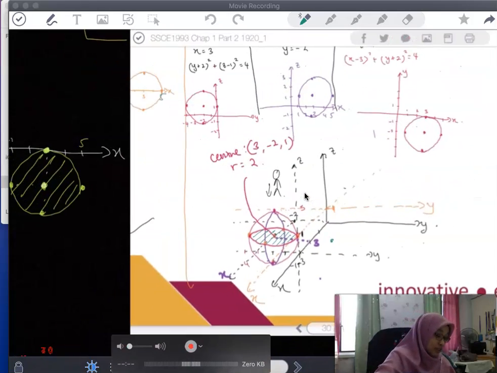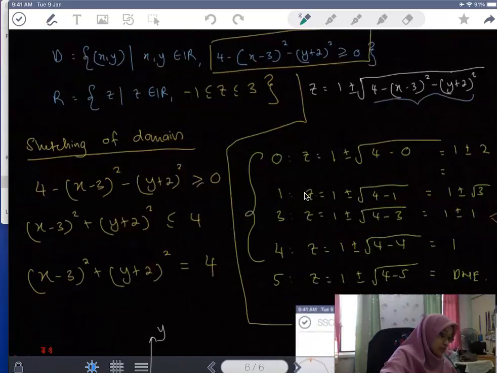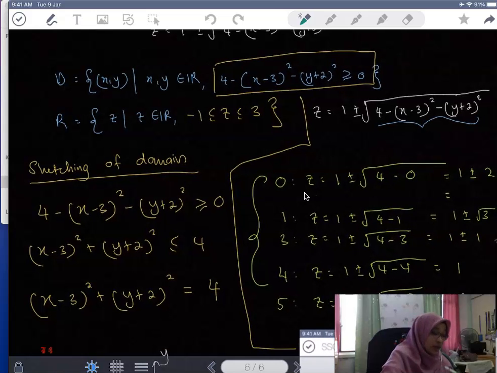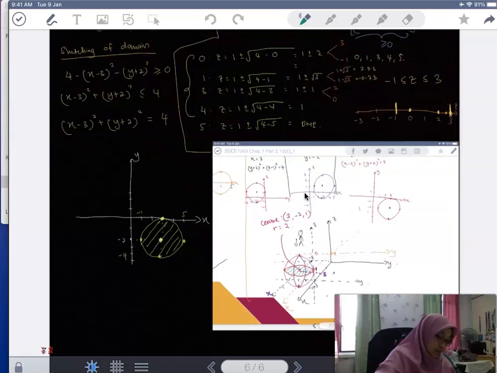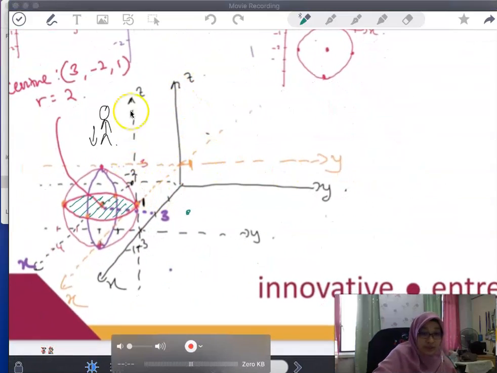And how about range? We obtained that the range that we just observed just now, the value of z, is lying between -1 and 3. So now we check from the graph. Just focus on the z value here. That is the new z-axis where x equal to 3 is lying.